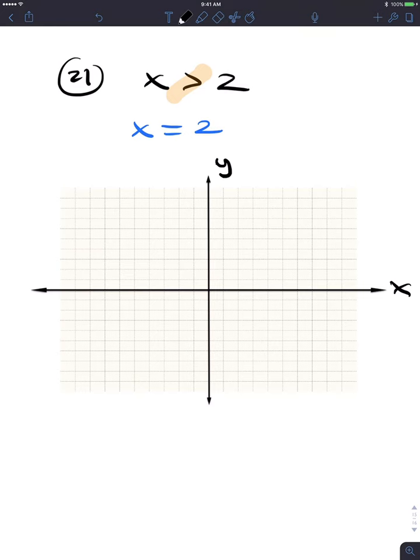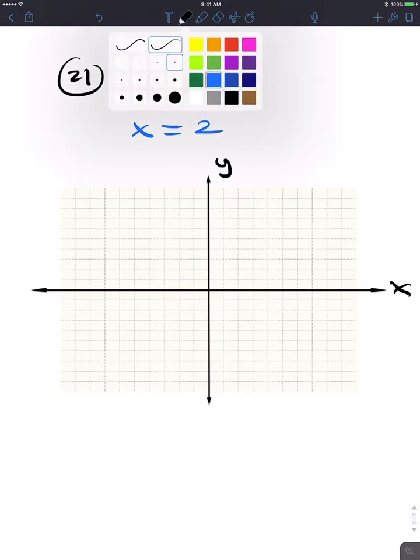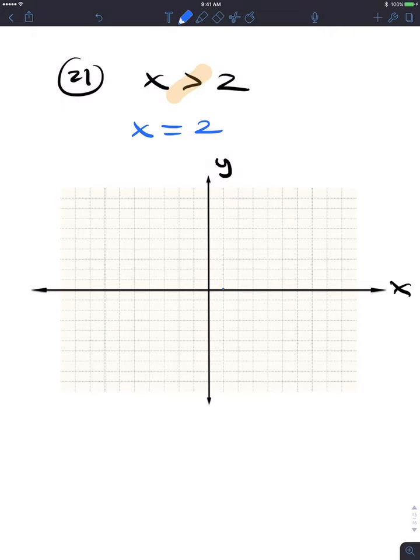So the graph of x equals 2, what we do is we notate where the value of x is 2 on the x-axis. 1, 2. The location is right here. X is 2. Now, because there's no y coordinate value, y is arbitrary, but x is constantly 2.